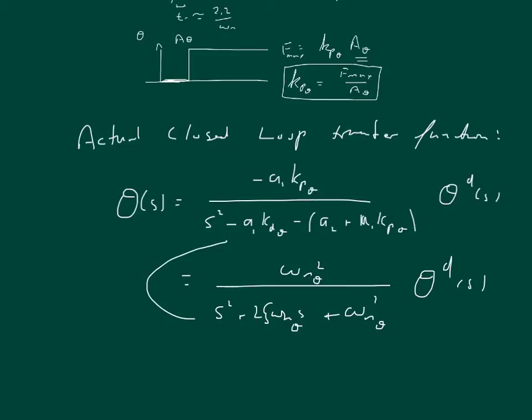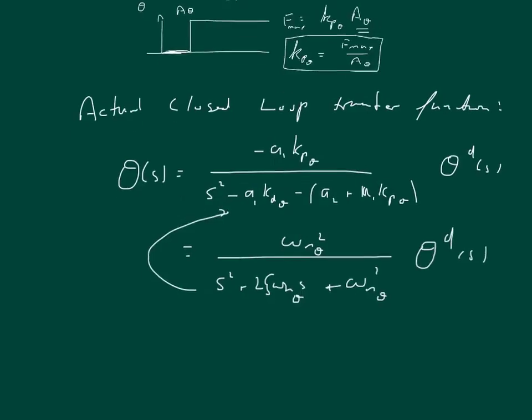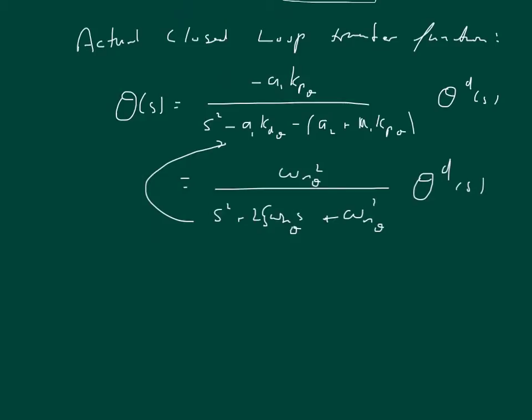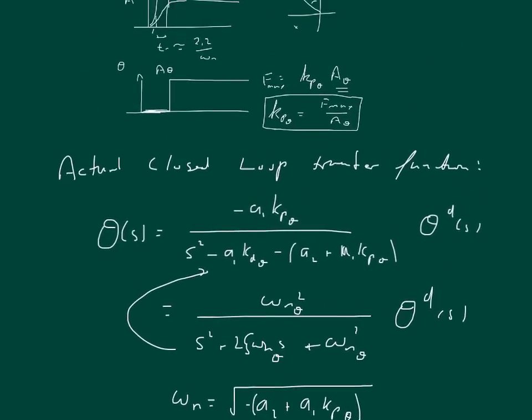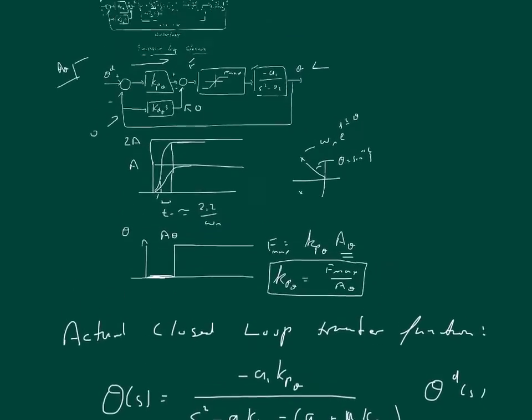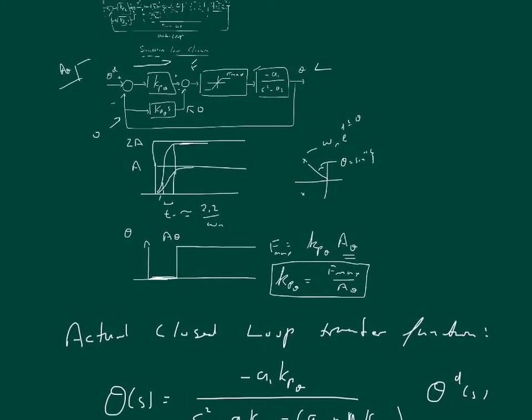So equating the denominators of these two equations, we get the following expression. We can solve for omega n as the square root of minus a2 plus a1 Kp theta. And that reminds me, coming back up here, for the inverted pendulum, notice that to get a positive theta, we would need to move the cart.